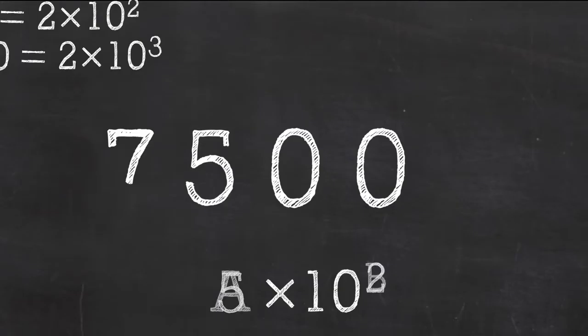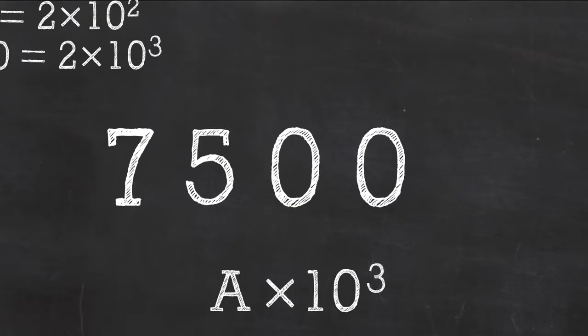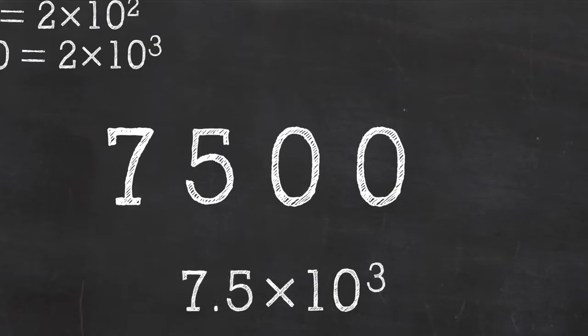How about writing the number 7,500 in scientific notation? This time, the decimal point hops over 3 digits, so the number B is a 3. If we remove the zeros that the decimal point hopped over, we're left with 7.5, so the number A is replaced by 7.5.